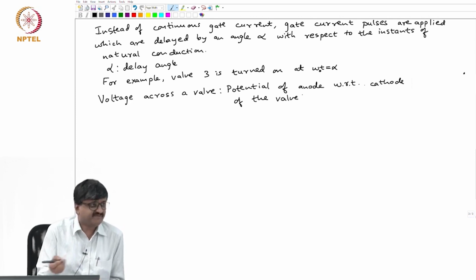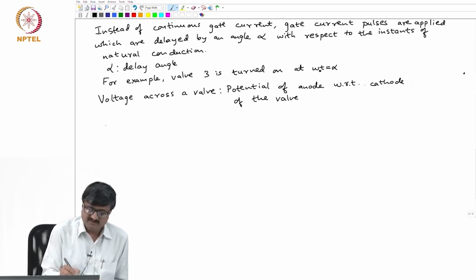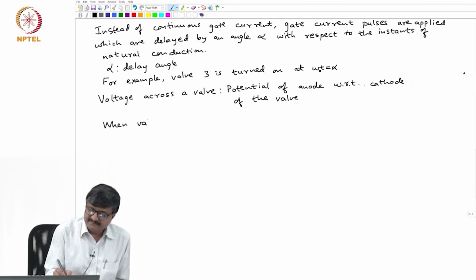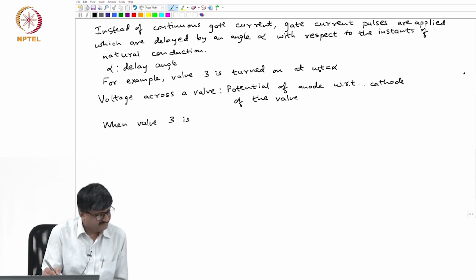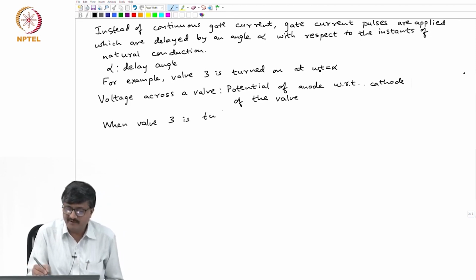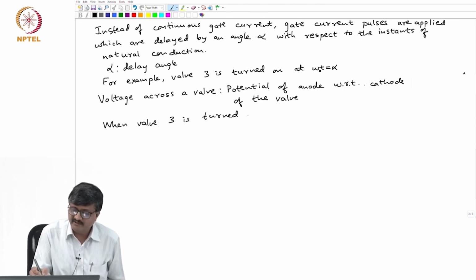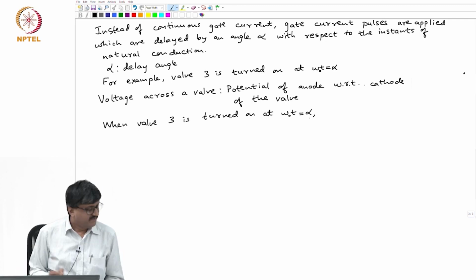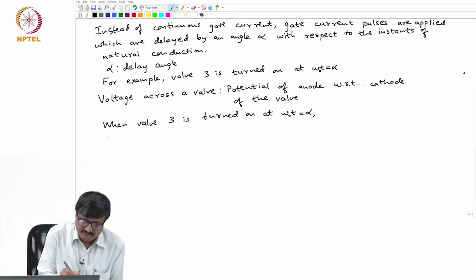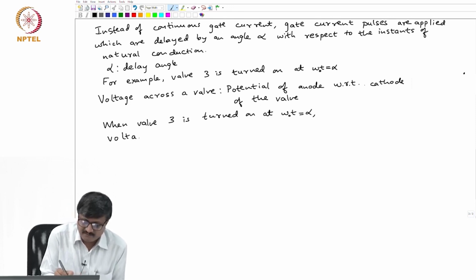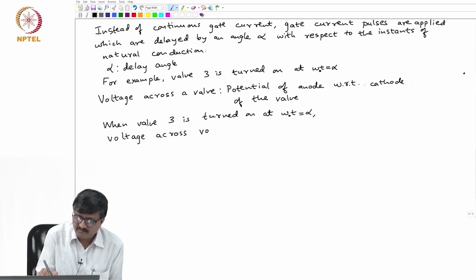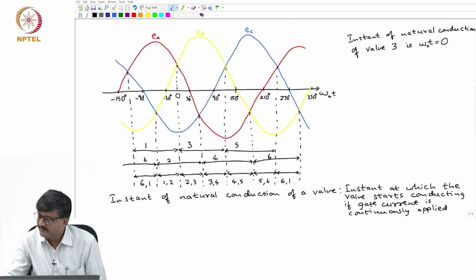Okay, let us find out the expression for voltage. When valve 3 is turned on at omega_o t equal to alpha, the voltage across valve 1 is equal to, let us go back to the circuit diagram.